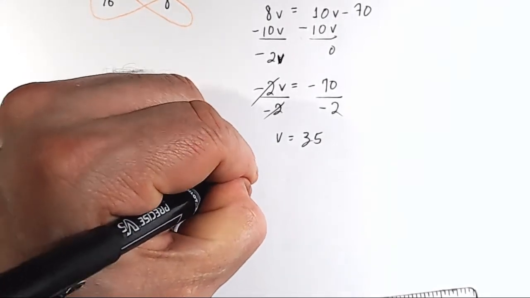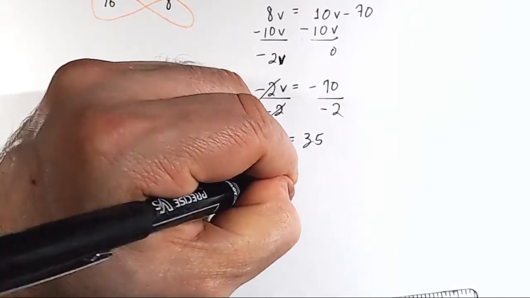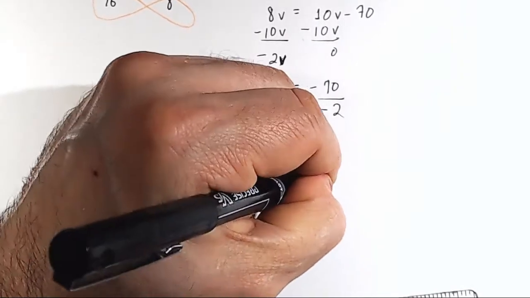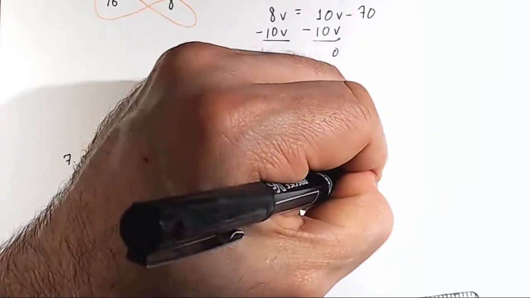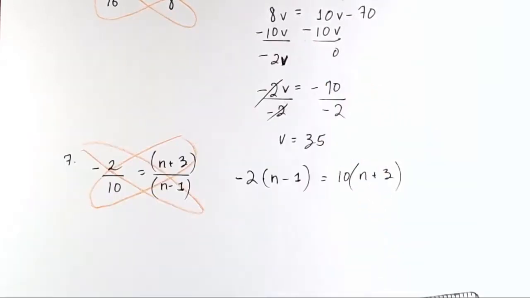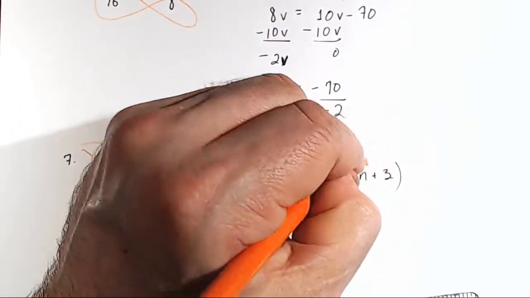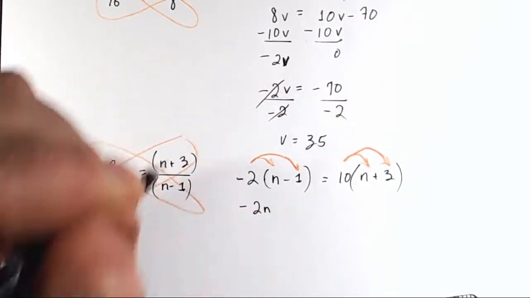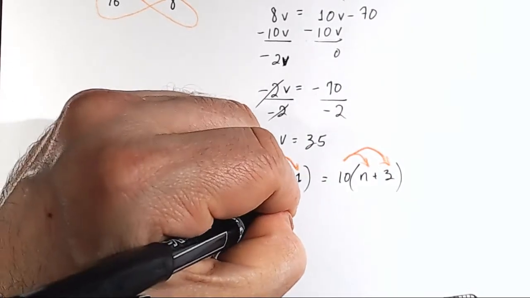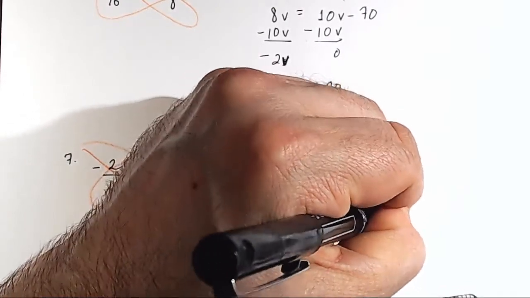Negative 2 times parentheses n minus 1 equals 10 times parentheses n plus 3, close parentheses. Distribute both sides. Let's do the math. Negative 2 times n is negative 2n. Negative 2 times negative 1 is positive 2. Equals 10 times n is 10n. 10 times 3 is positive 30.